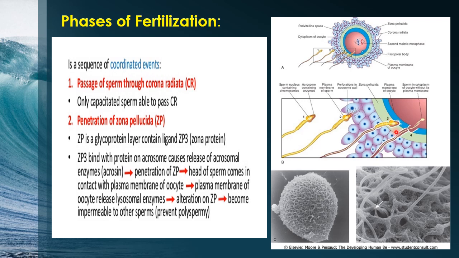This acrosin enzyme causes the lysis of the zona pellucida layer, and the sperm penetrates and reaches the plasma membrane and comes in contact with it. So once it comes in contact with the plasma membrane, the zona reaction takes place.